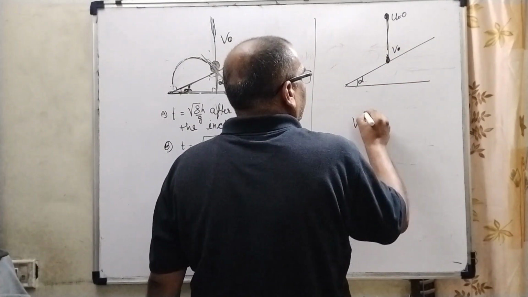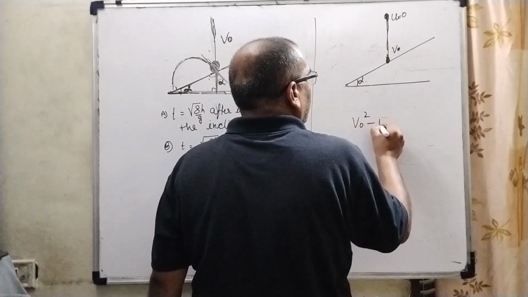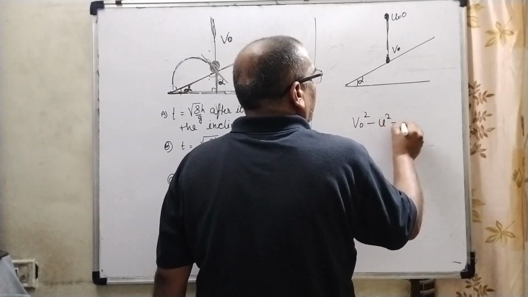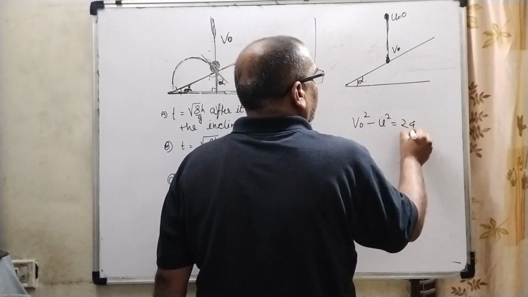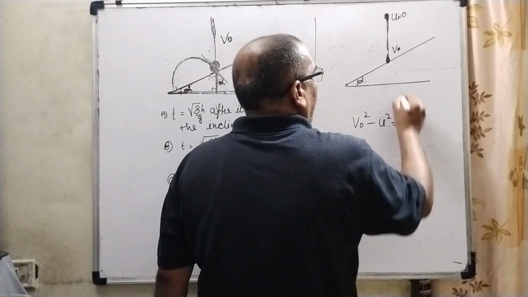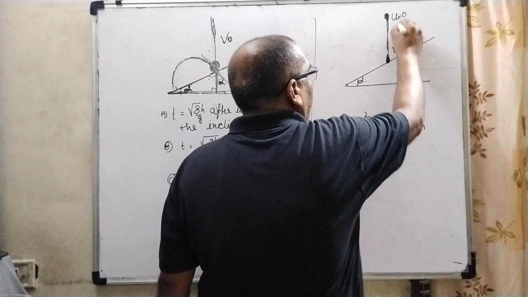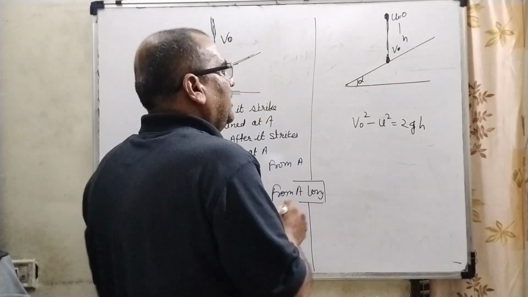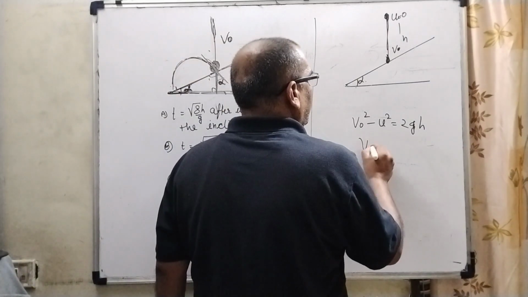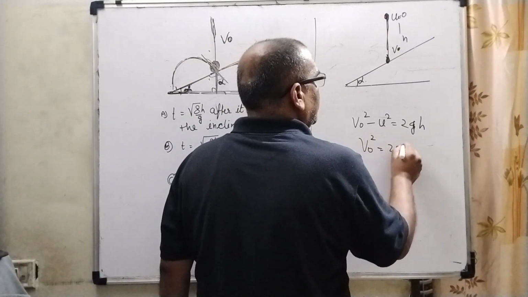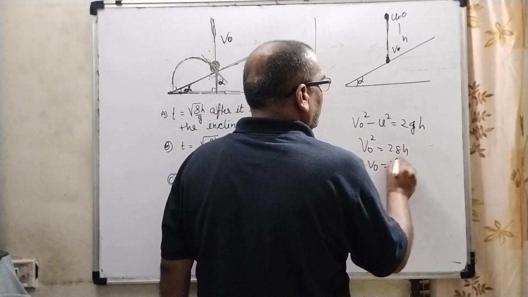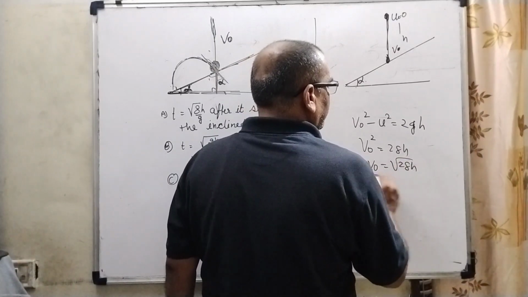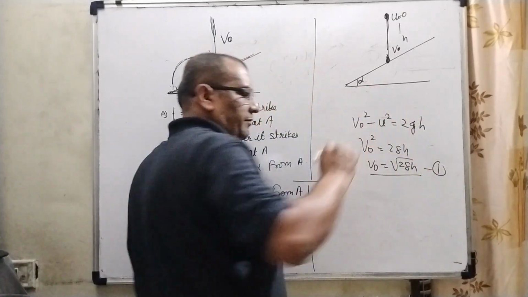Then we know that v square minus u square equal to 2gh, using g and height h. Initial velocity is 0, so v naught square equal to 2gh, then v naught equal to root 2gh. It is the first equation.